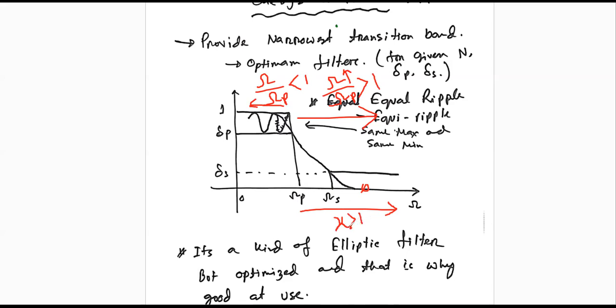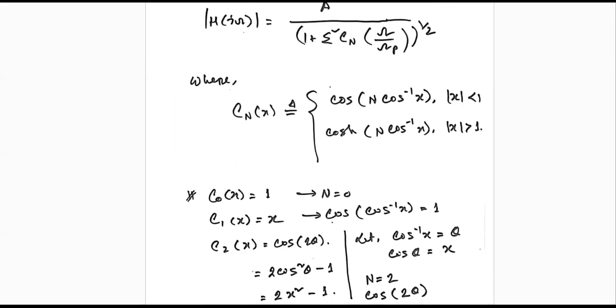That's why we need to use the cosh formula to find the transfer function, and lower than omega p, everywhere x is less than 1. So that's why we can use the cos formula there. That's why there are two formulas, and this is the boundary for those two formulas. So these are the two conditions.